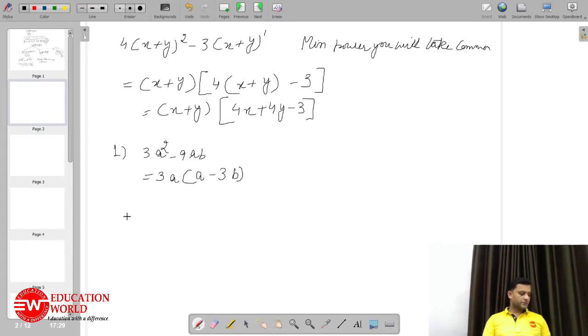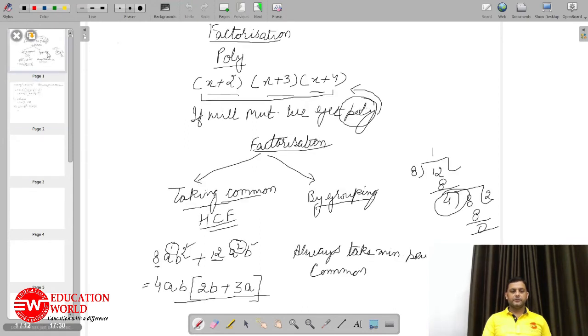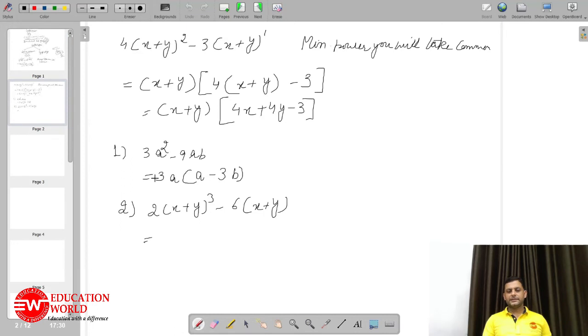Okay, so in case of bracket, I will take now the second question for brackets: 2 times x plus y cube minus 6 times x plus y. Now 6 and 2, what is common? Division method I have shown you here. With the help of division method, you can find it: wherever the remainder is 0, that divisor is called HCF.